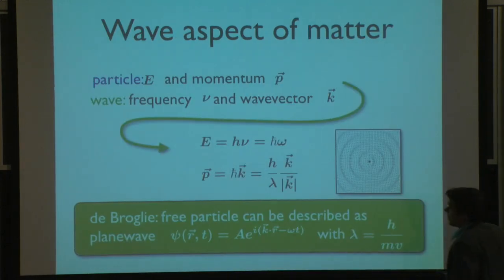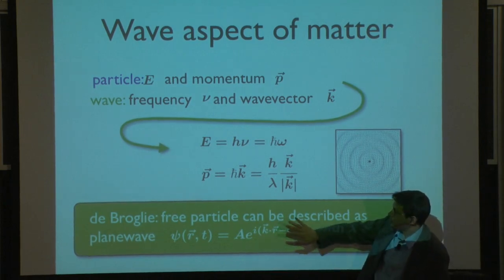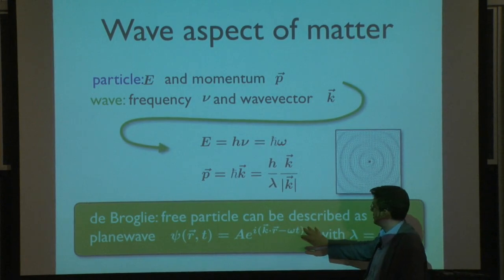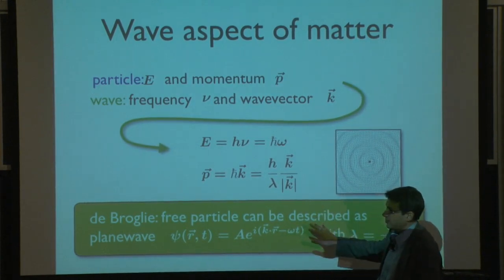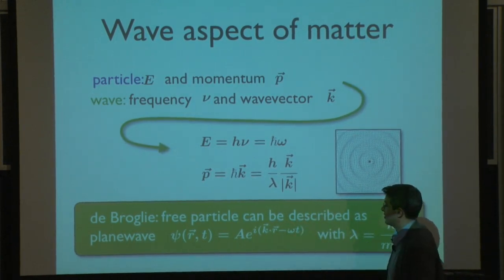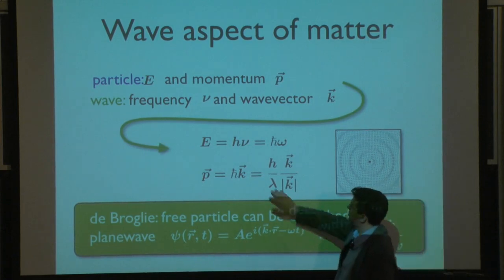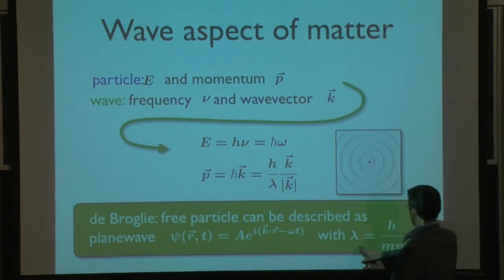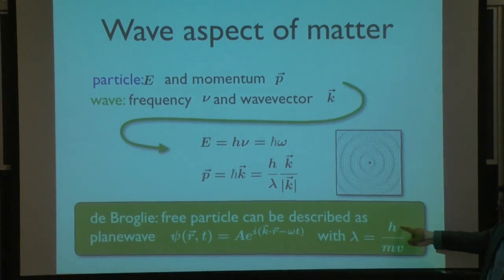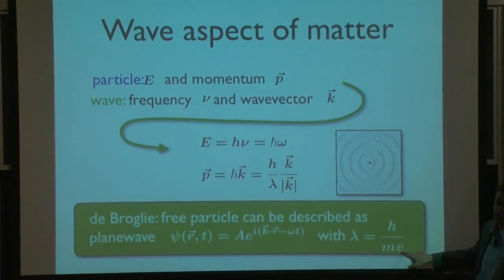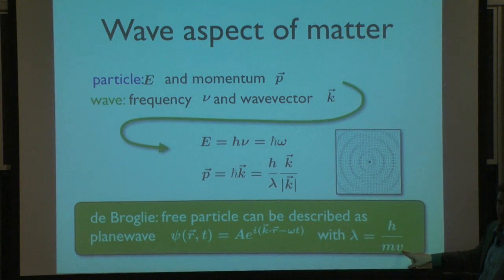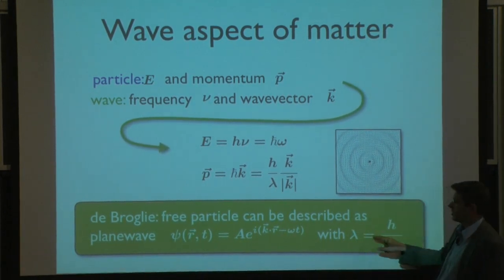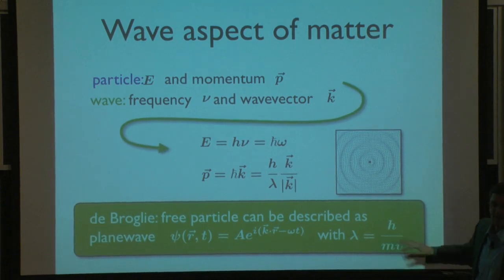Now, what I was telling you about before is what de Broglie did. He said, look, everything can be described as a wave. Everything can have a wavelength. And the wavelength associated with anything is going to look like this. It's going to go as h divided by the momentum, the mass times the velocity. So there is a wavelength that can be associated with anything.